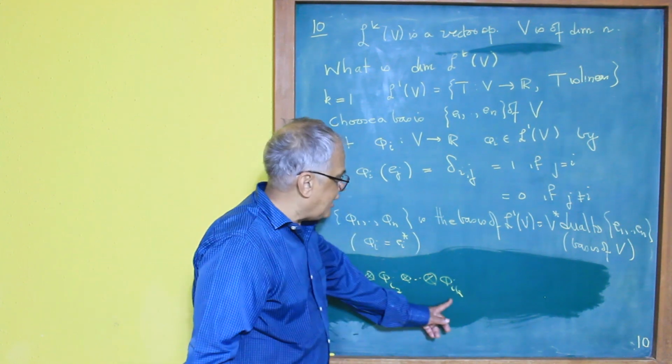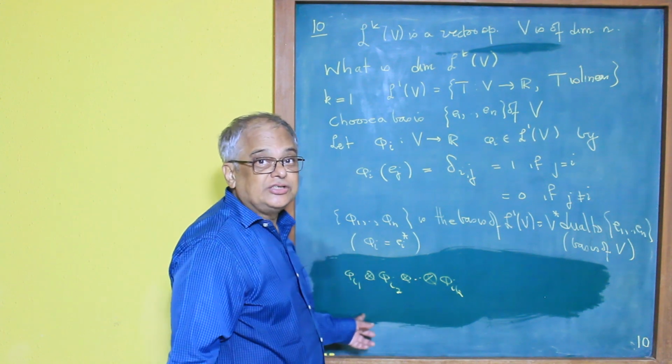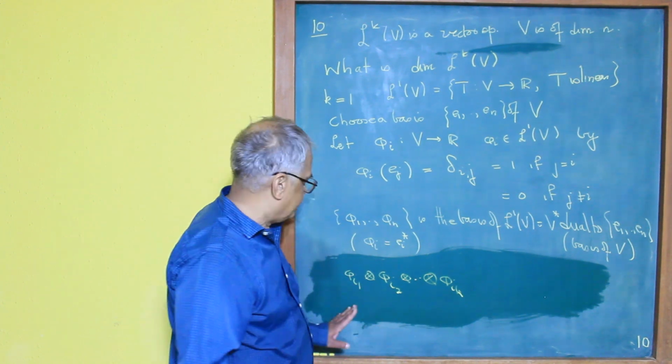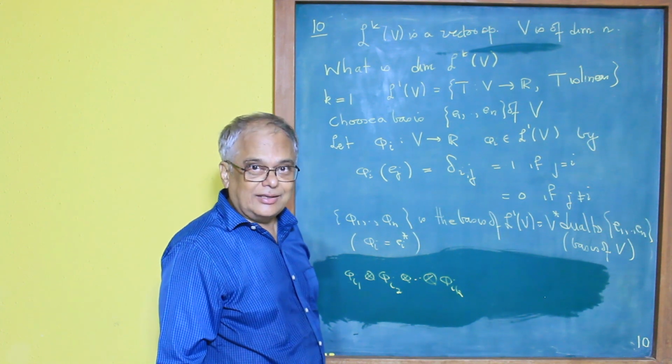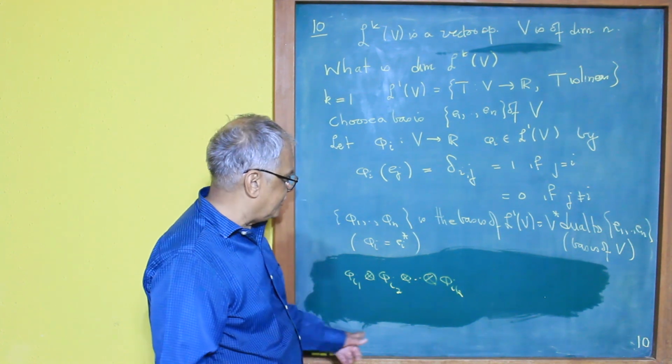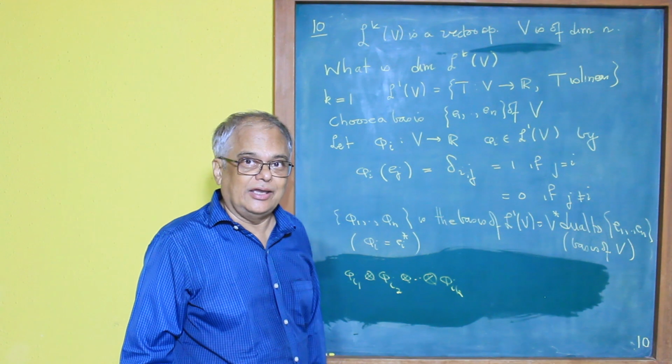I'm taking k products of phis. Each of these is in L_1, so the product of k of these is going to be in L_k. I take this product, this is an element in L_k.